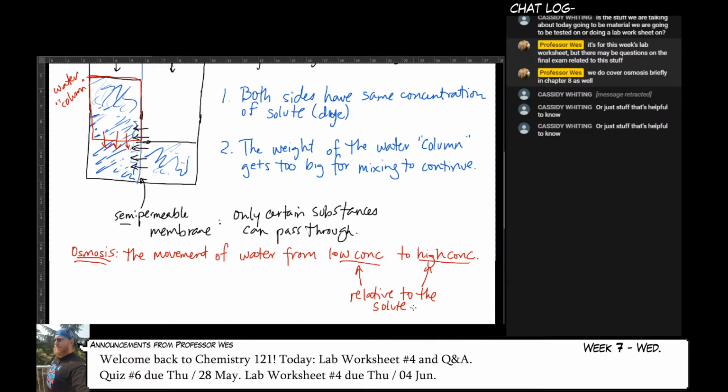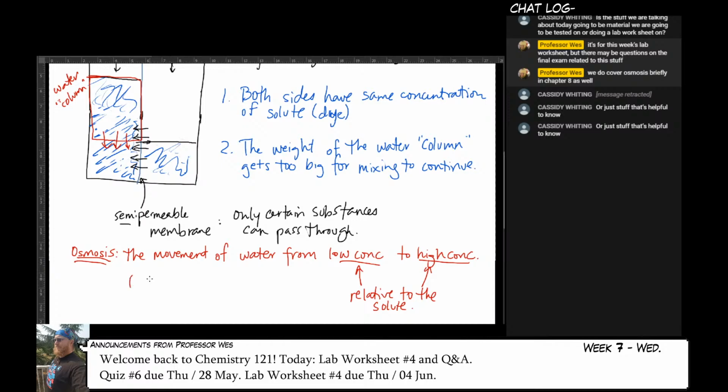Because we don't really think of water as having a concentration. Water is just kind of there. It's the background thing that we don't care about in our solutions. Usually we care about the other thing that's added. So when water moves through a semipermeable membrane, from a low concentration to a high concentration, we call that osmosis.